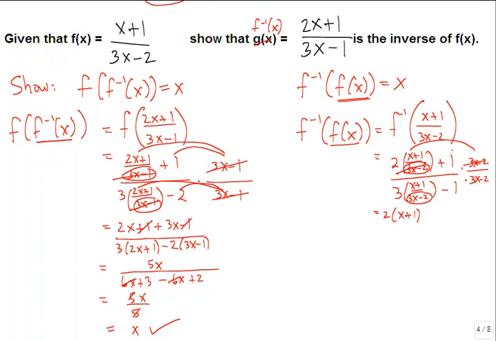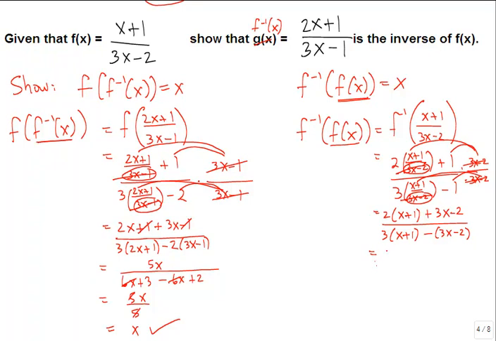And then I need to multiply my 1 times that 3x minus 2, so it's going to stay 3x minus 2. In the denominator, when I multiply my fraction across, the 3x minus 2's cancel, and I'm left with my 3 and my x plus 1. And then on the bottom, I'm going to have negative 1 times that 3x minus 2. So again, I'm just going to use parentheses for now, and I'll distribute in the next step.